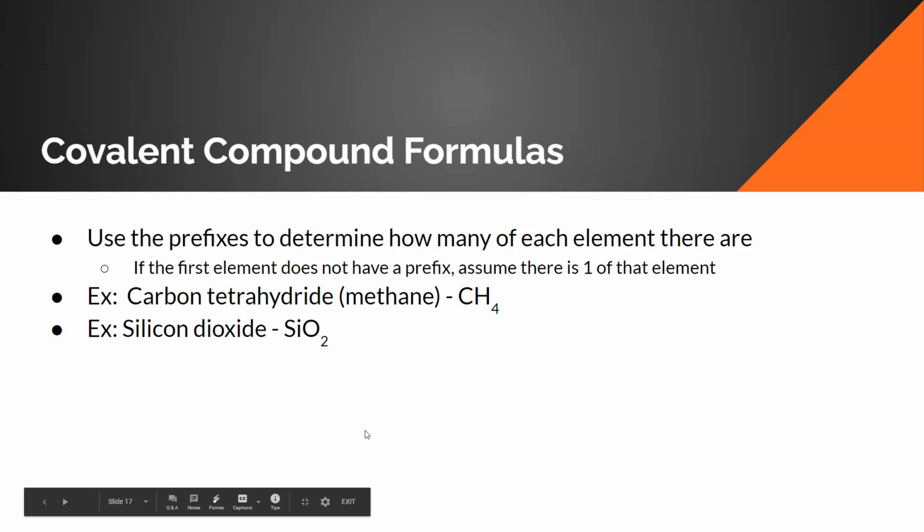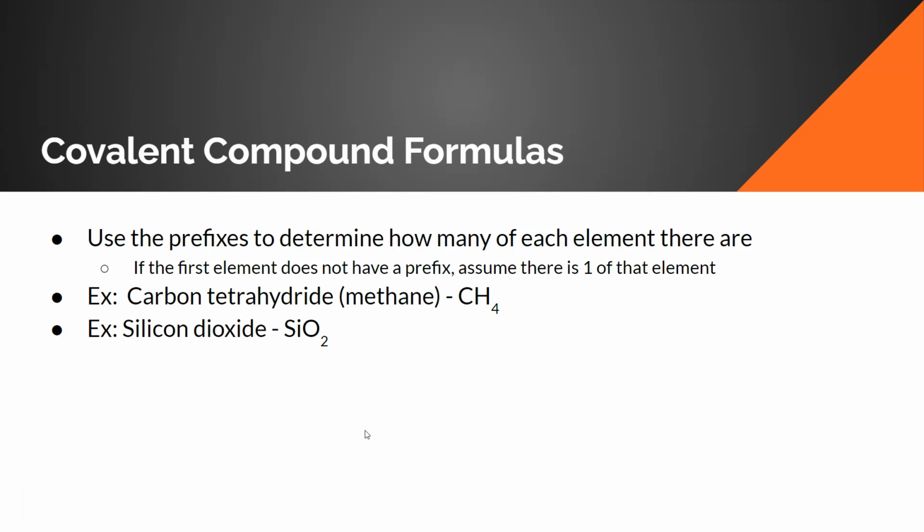So when we're writing the covalent compound formulas, we just need to decipher the prefixes to see how many atoms of that element there are. And if the first element does not have a prefix, we assume there is only one atom of that element. So carbon tetrahydride, which is the chemical name for methane, is just CH4.